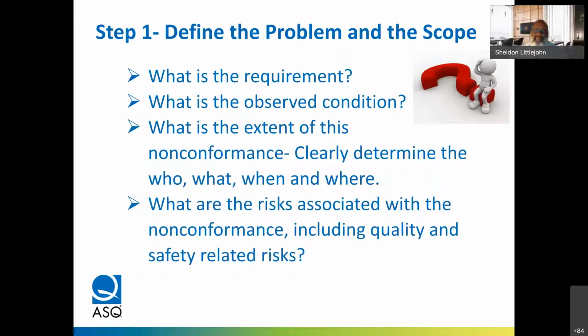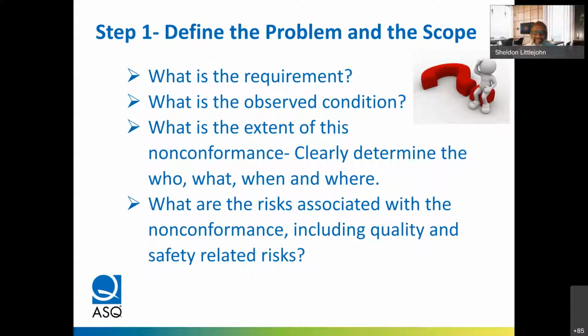So the first step identified here is defining the problem and the scope. So the question we ask: what was the requirement? What is it that we're trying to achieve? And this requirement can come from a wide array of sources. It can be a customer requirement, product specification, quality management system requirement.